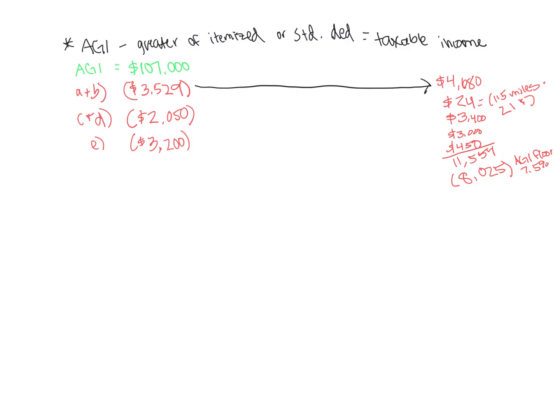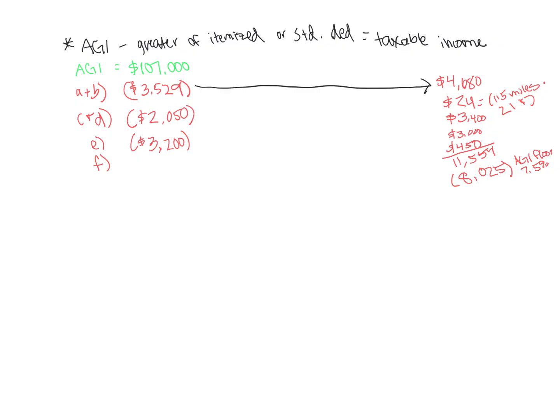The $500 to the developer was not a tax. So that's why it is excluded from this calculation here. Let's go to letter F.